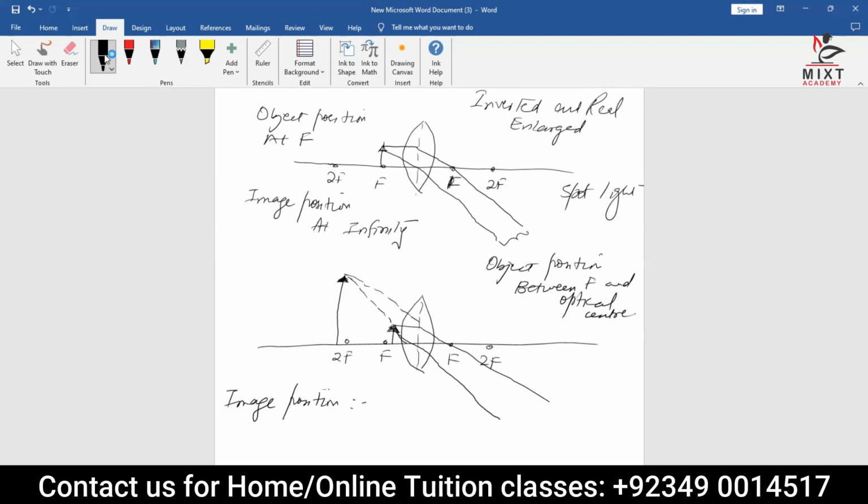It can be at F. It can be very far. Important is not this. This is important: you can form this image anywhere but on the same side, because wherever these lines meet, this image will be formed at the same side of the object.